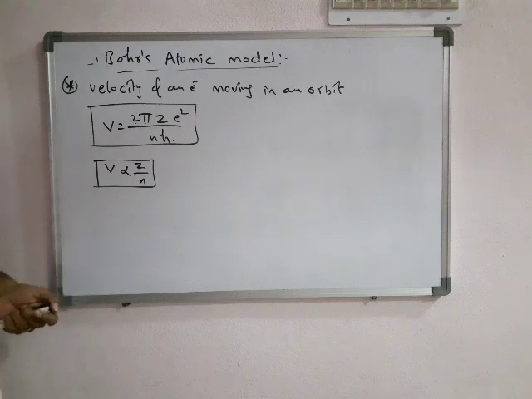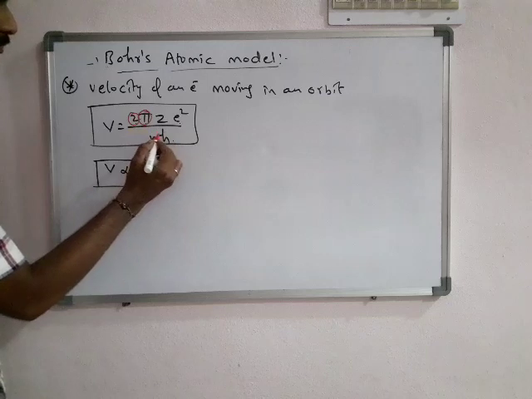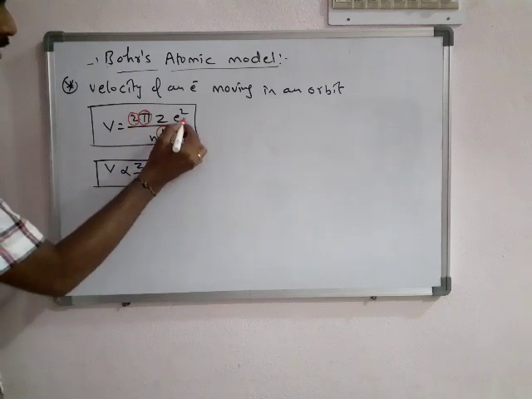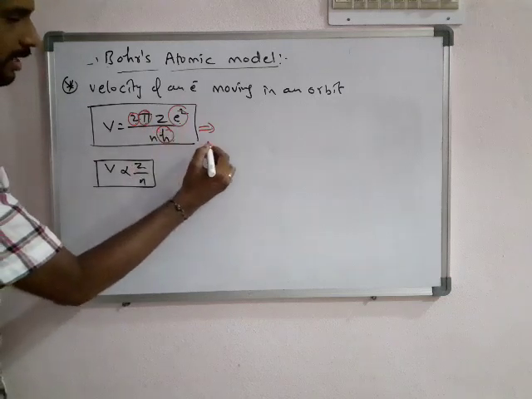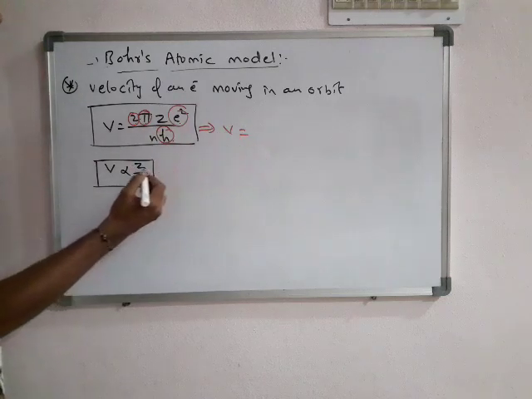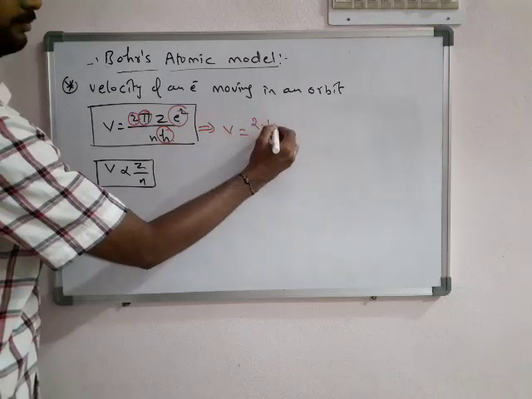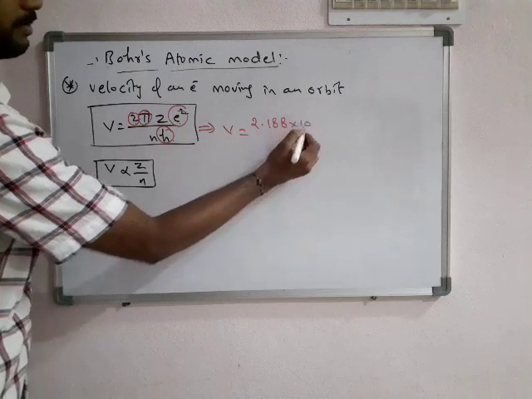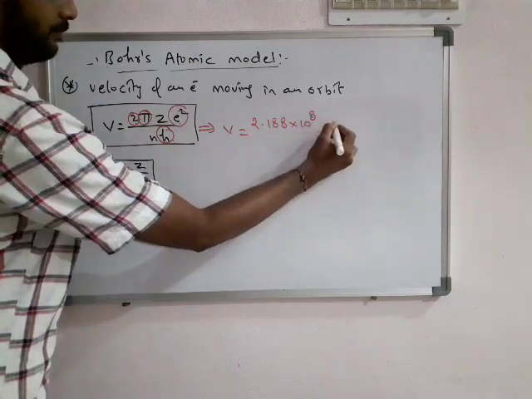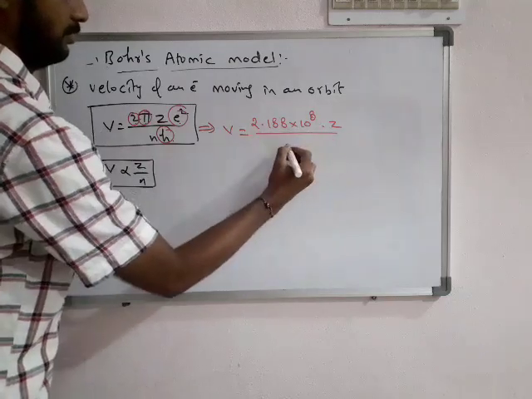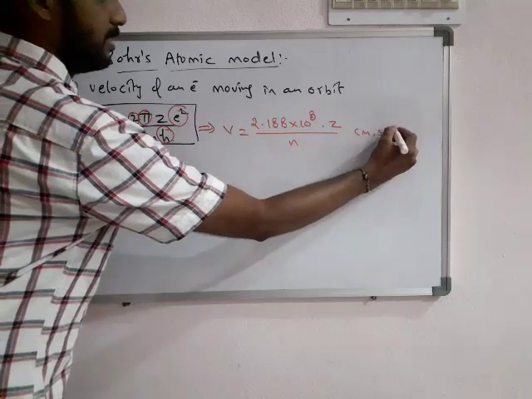Here again, if you substitute all these constants, 2 constant, pi 3.14, h Planck's constant, e charge of electron, and calculate, we will get 2.188 into 10 power 8 into Z by n centimeter per second.